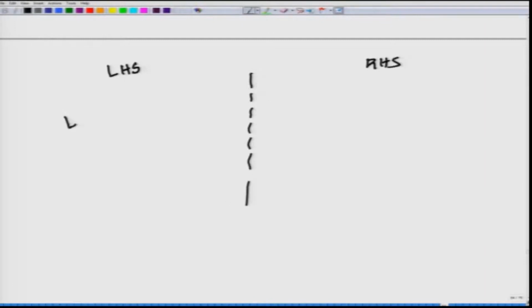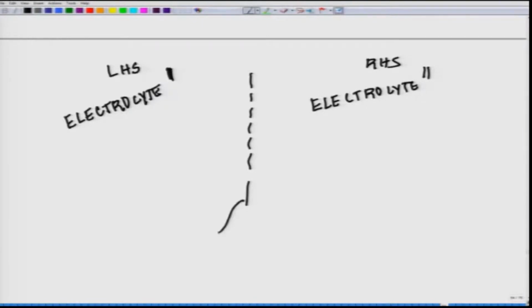So, you have electrolyte on this side, of a certain concentration, and electrolyte of a different concentration on the other side. The different concentrations are separated by a porous membrane. So, here you have a porous membrane which is separating the electrolytes on both sides.